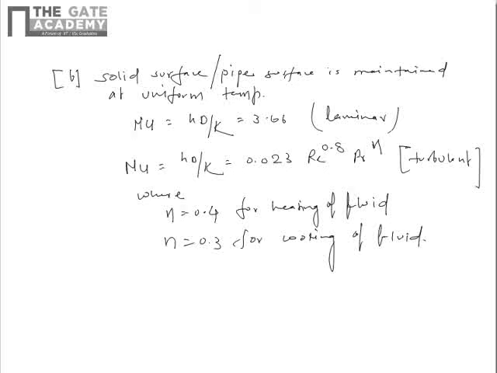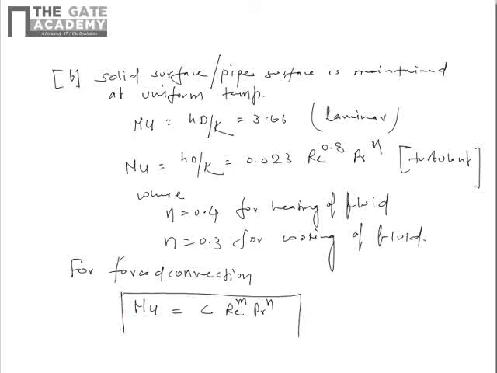Till now, whatever relationships we have discussed between Nusselt number and Reynolds and Prandtl number are for forced convection only. So, for forced convection, if I generalize this, Nusselt number is a function of Reynolds number to the power m into Prandtl number to the power n.